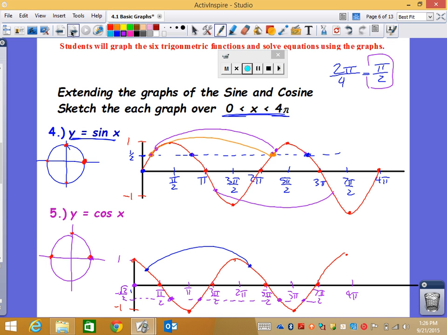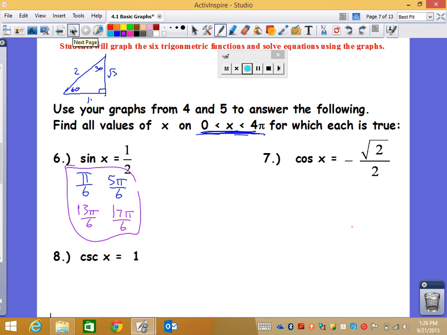Now you might think back to your special triangles: if I draw my 45, 45, 90 triangle, I know that I have sides 1, 1, square root 2. And the cosine of pi over 4 gives me positive root 2 over 2. So my reference angle is pi over 4.